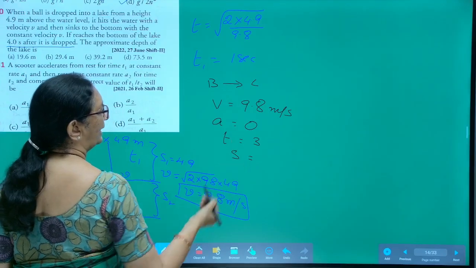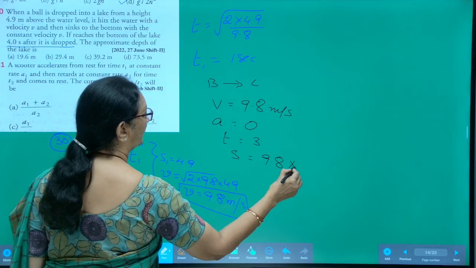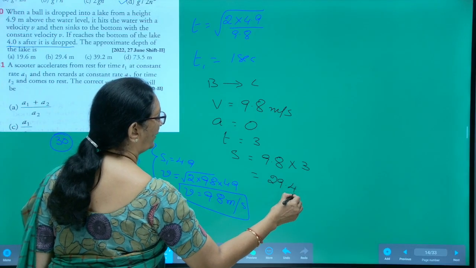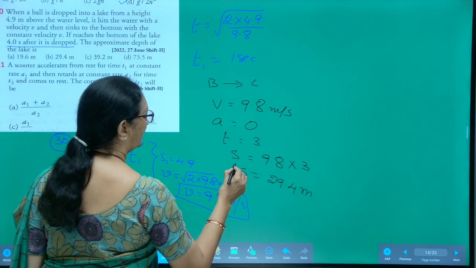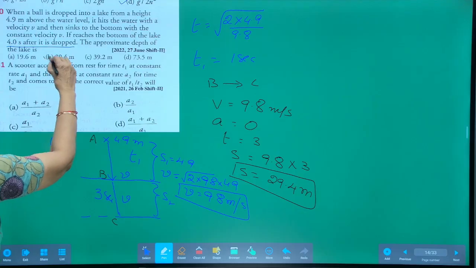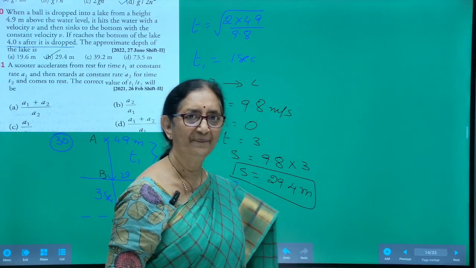S is just V into T because a is 0. 9.8 into 3 is 29.4 meters. So the depth of the lake is 29.4 meters. That is the answer. Is it okay?